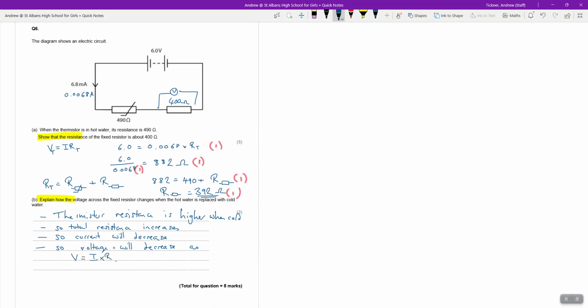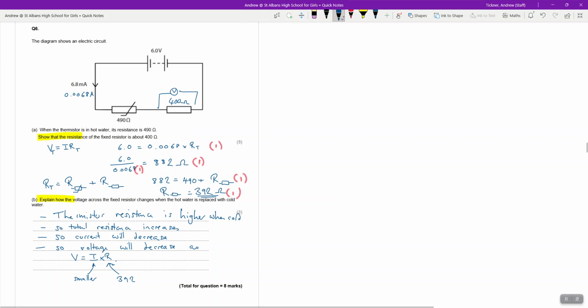So what we now have is this number R, the fixed resistor, staying at 392, but now I is smaller. So this number is still 392, and we're now multiplying it by a smaller number.